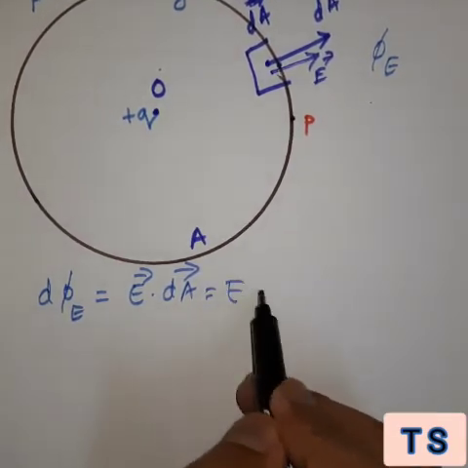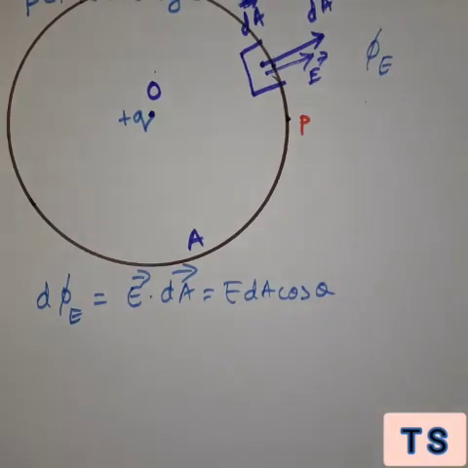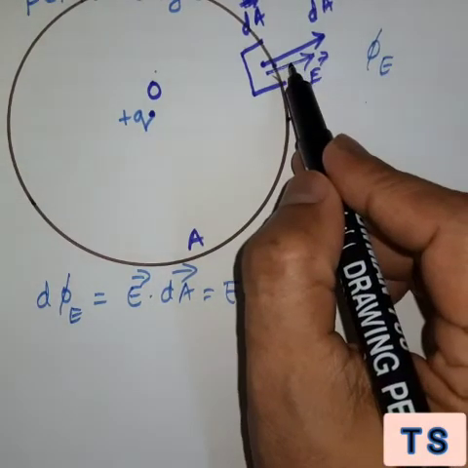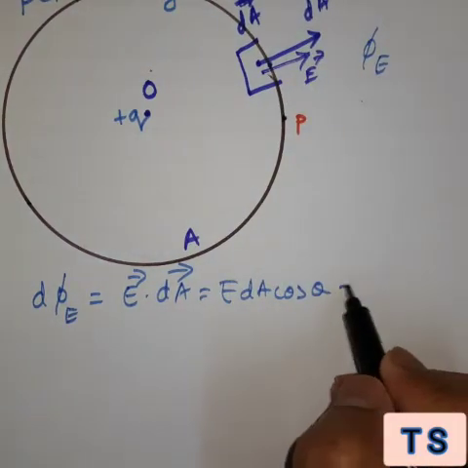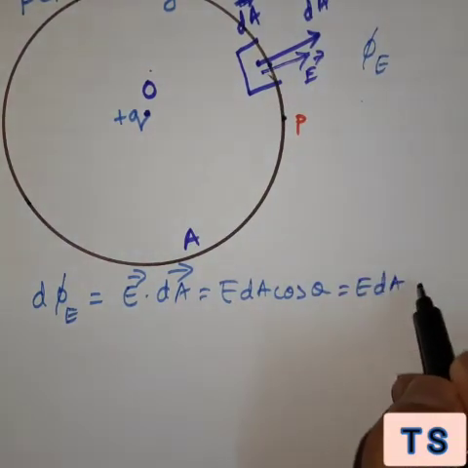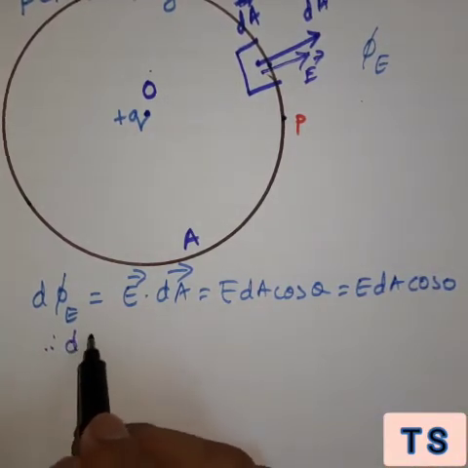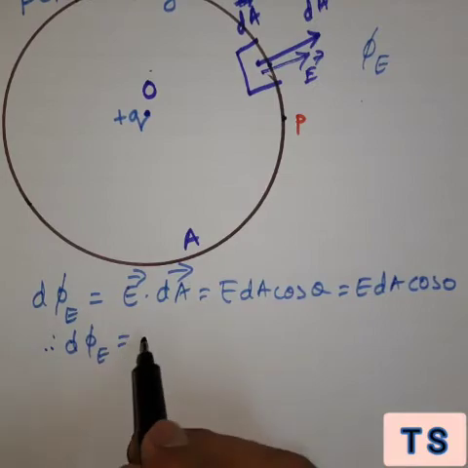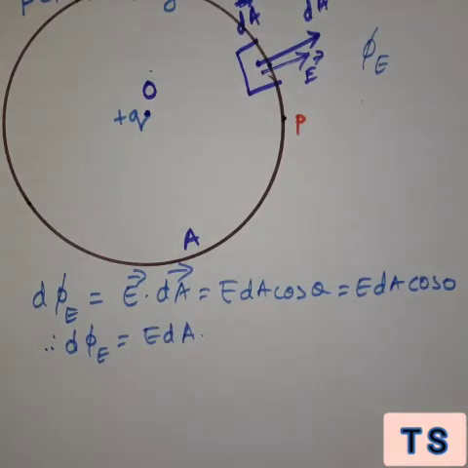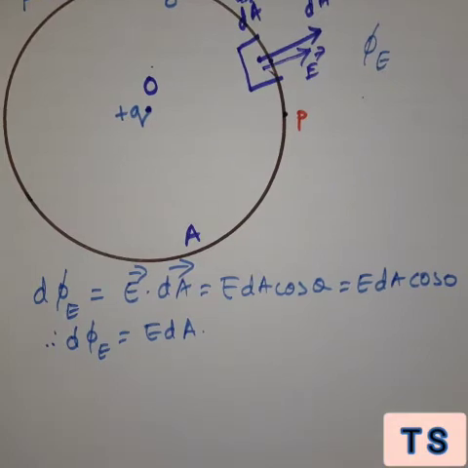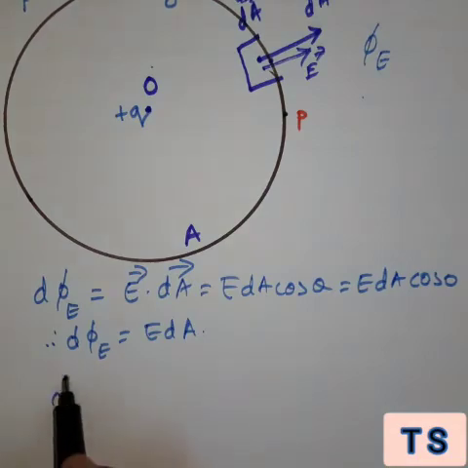d phi E over here first. My d phi E will be E bar dot dA bar, which will be E dA cos theta. Now if you look at the theta between E and dA, it's 0, so I get E dA cos 0. Therefore my d phi E will be equal to E dA. I want the total flux from the surface, so I will integrate this since it's a closed surface.